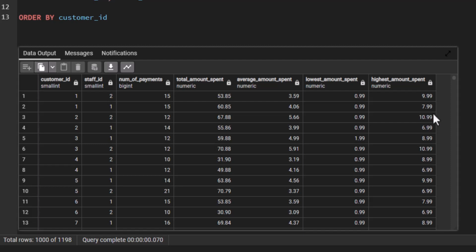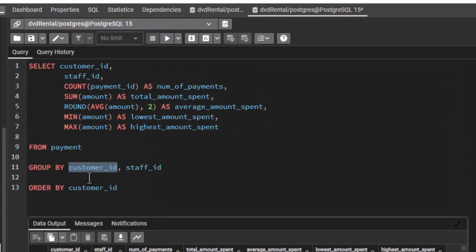This is how you can leverage the group by clause. Again, it helps you to group your records into segments based on what column you are considering. It could be one column, it could be multiple columns. I've showed you how you can use one column, that was when I used customer ID, and I've also showed you how you can use two columns.